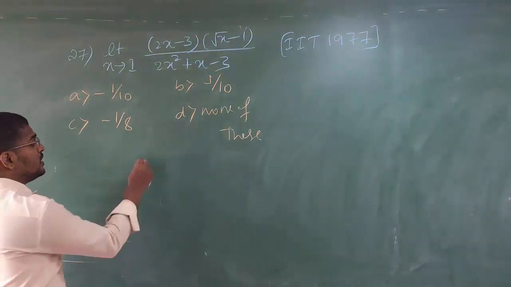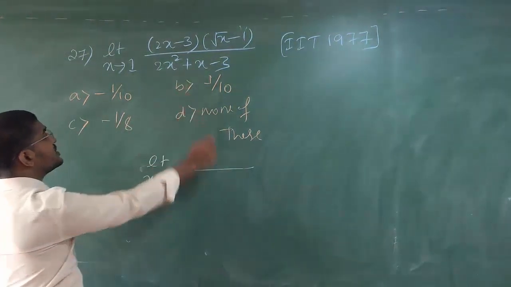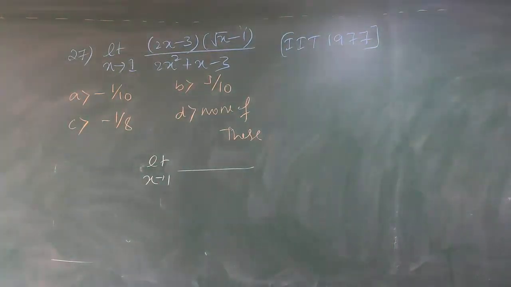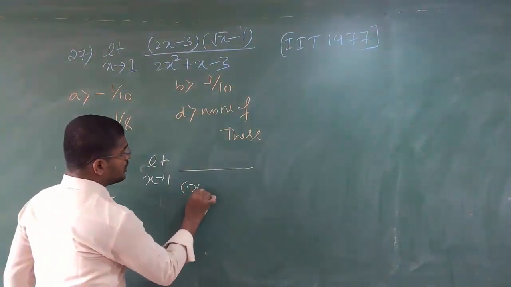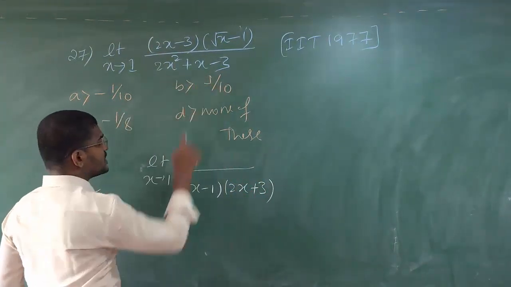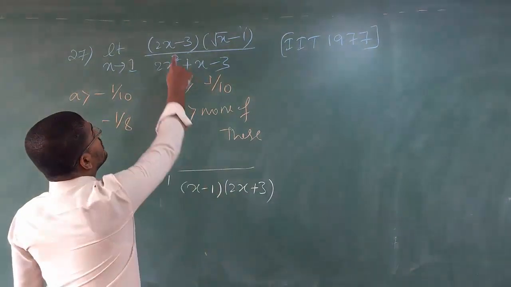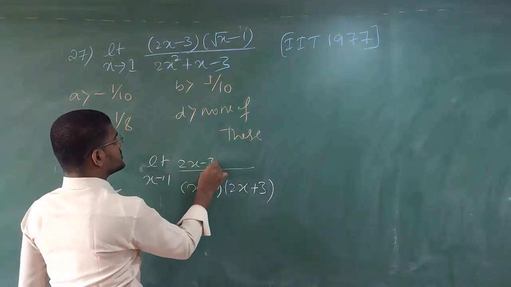So for that reason, limit extending to 1, if I factorize this denominator, I am going to have x minus 1 into 2x plus 3. Write this term as it is, 2x minus 3.